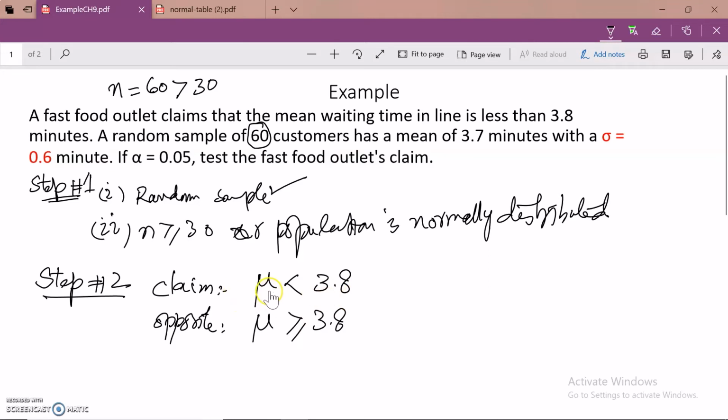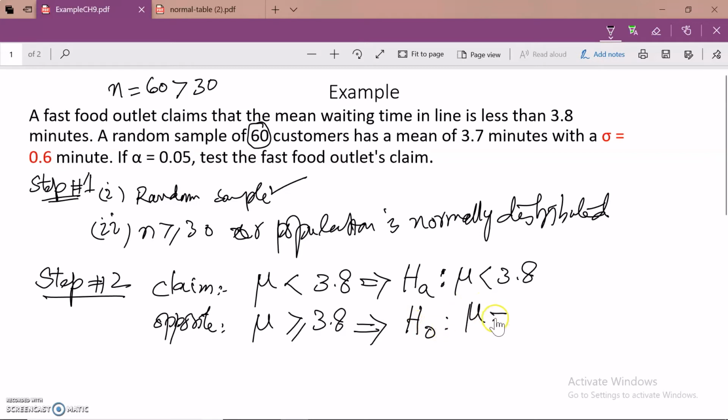Now remember, I told you that the null hypothesis never contains the less than symbol, never. So this must be our alternative hypothesis. H sub A: mu is less than 3.8. And if this one is our alternative hypothesis, this other one must be with an equal sign, this must be our null hypothesis.